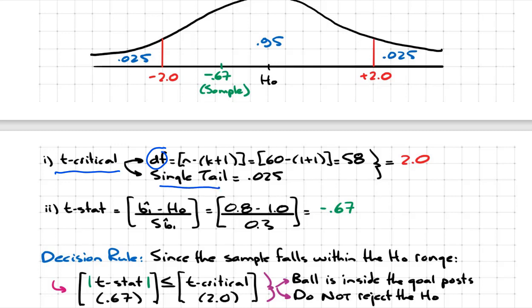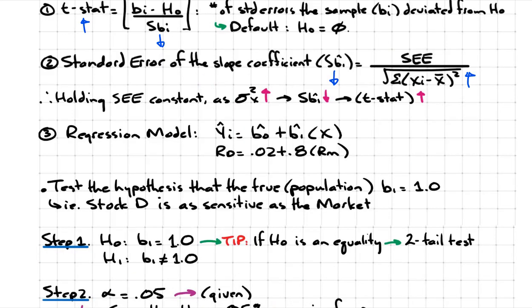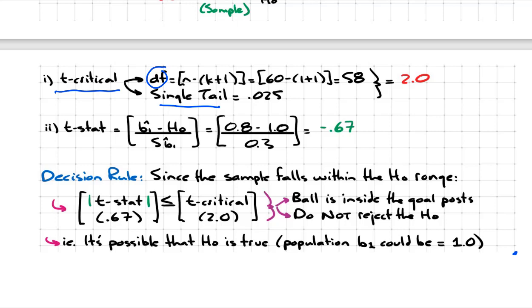The degrees of freedom in this case would be n minus k minus 1, where k is the number of independent variables in the regression. In our illustration, we only had one independent variable, the market return, so for k, I just plug in 1. Therefore the total degrees of freedom would be 58.